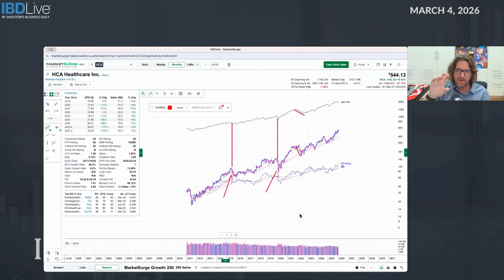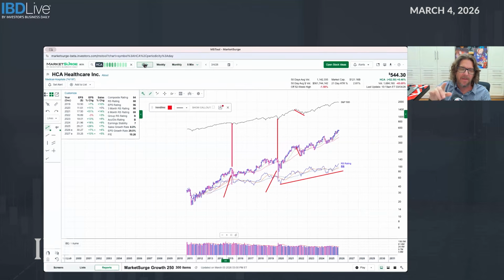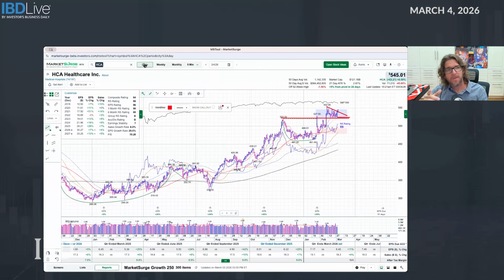But besides that, you're just looking and seeing, okay, how is the RS line trending over time, and how is the stock trending over time? And so it's not a mega, huge stock, but it's been a leader. And go back to the daily, it's really about yesterday's action, like seeing that positive divergence with what the market was doing.